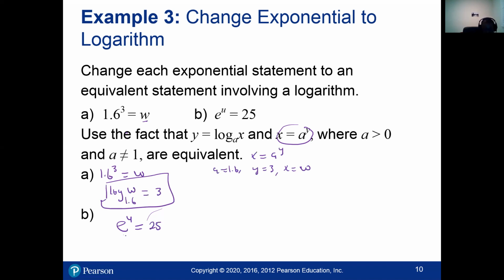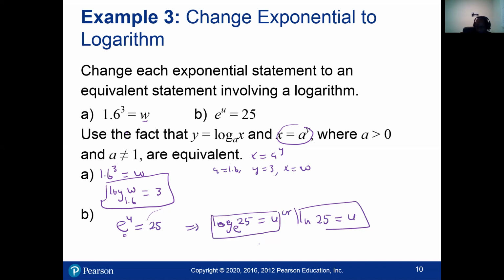Whenever you see e, the base is e, so it is a natural log. This is written as log to the base e of 25 is equal to u, which is the same as the natural log of 25 equals u. Either you have this or that.